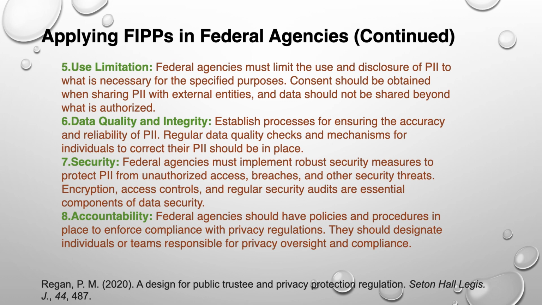Robust security measures safeguard PII from unauthorized access and breaches. Lastly, but not the least, accountability. Agencies need policies and responsible teams to enforce compliance. These principles collectively ensure ethical and secure PII handling within federal agencies.